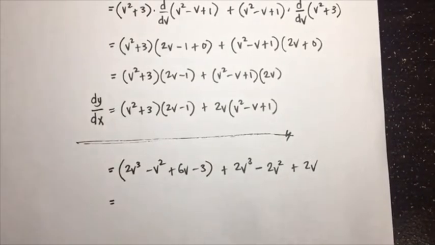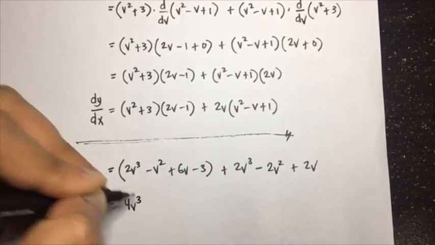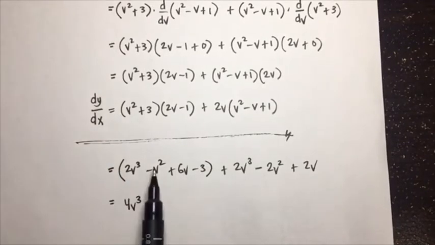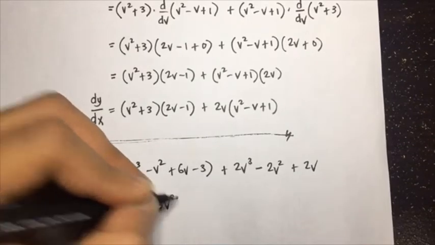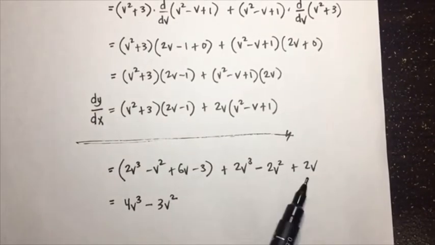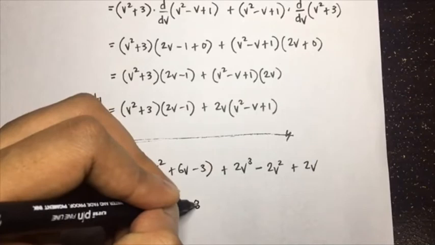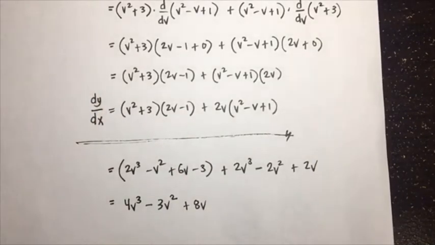So simplifying, so 2v cubed plus 2v cubed, so that's 4v cubed, minus 1 minus 2, so minus 3v squared. 6v plus 2v, so that's plus 8v. And then minus 3.